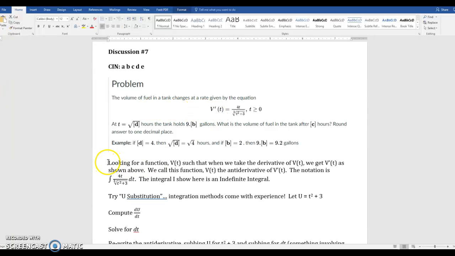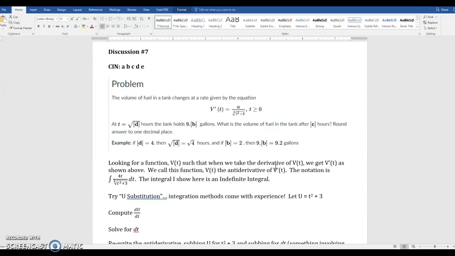In my first line here, offering some guidance in this discussion post, I'm looking for a function V of t such that when we take the derivative of V of t, we get V prime of t, as shown above. The language we use to associate the two is that V of t is the antiderivative of V prime of t, because when I take the derivative of V of t, I get V prime of t.